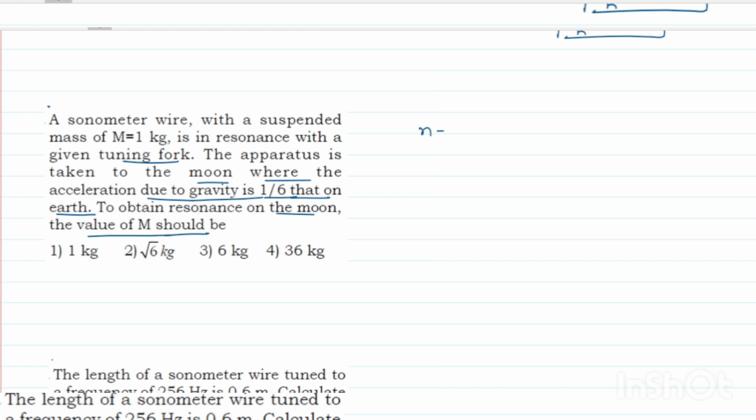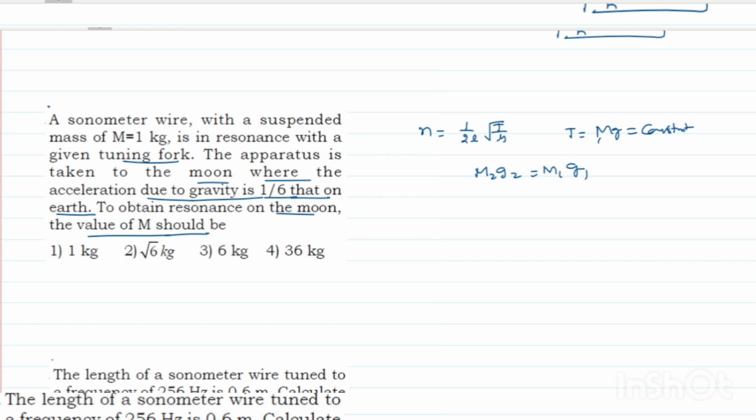The frequency formula for a sonometer wire is 1 by 2L into root over T by mu, students, where T is the tension in the string, which is m into g, and frequency is constant. That means m2 g2 equals m1 g1.